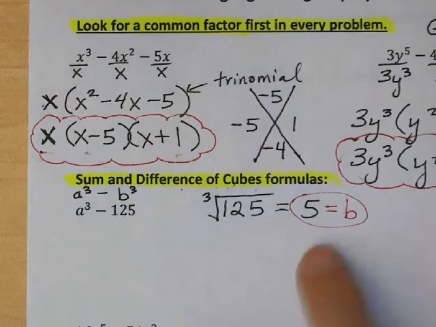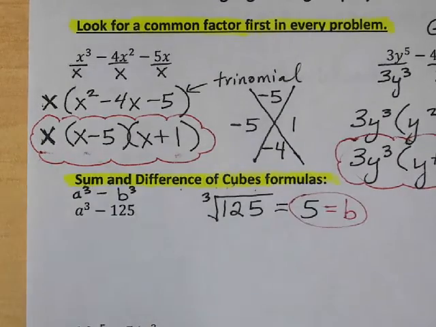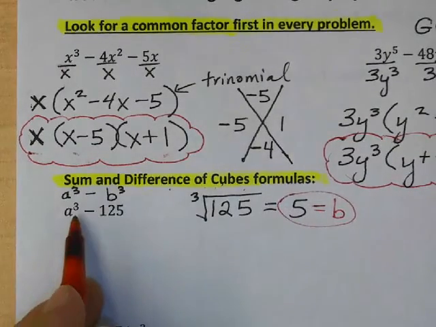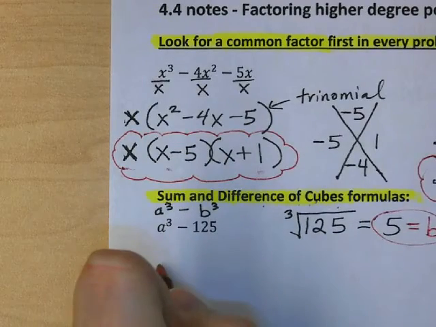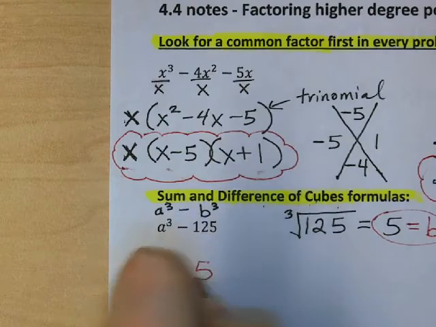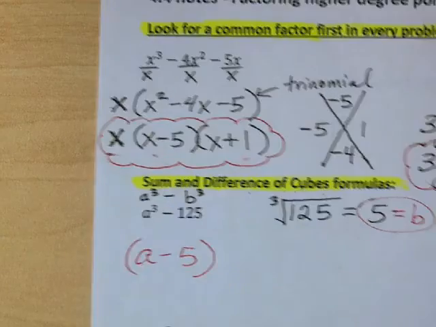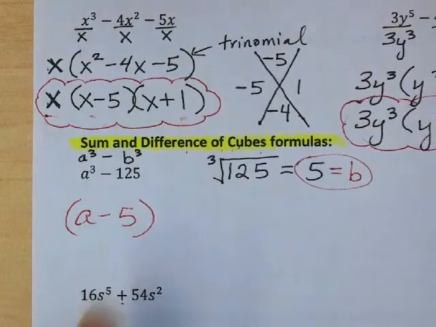The formula I underlined in green says a minus b, so it's just going to go a minus 5, since the cube root of 125 was 5.